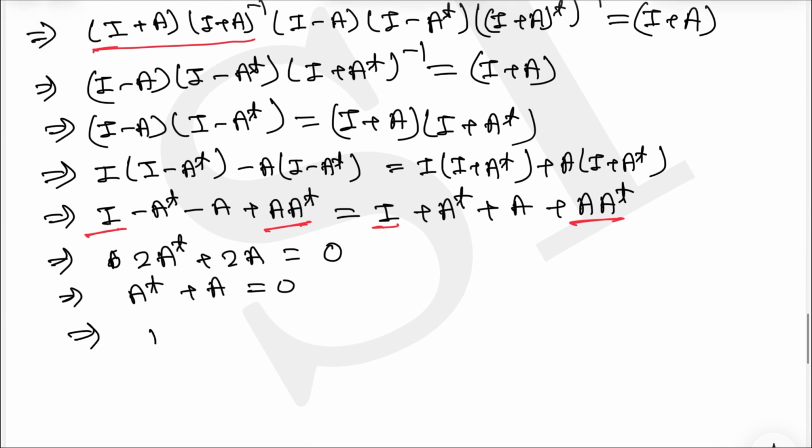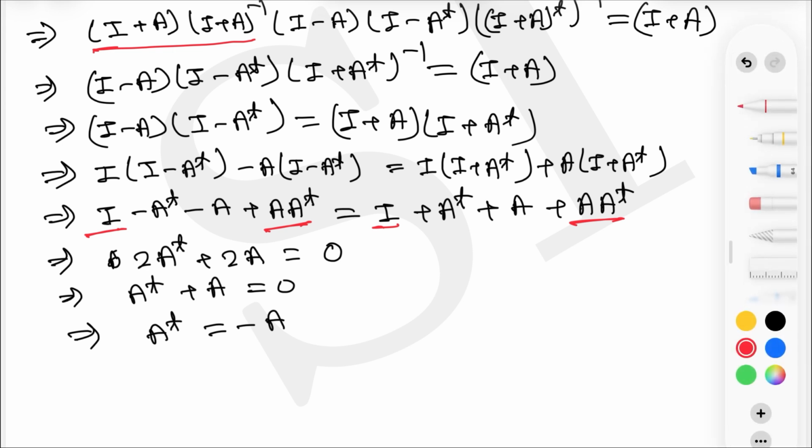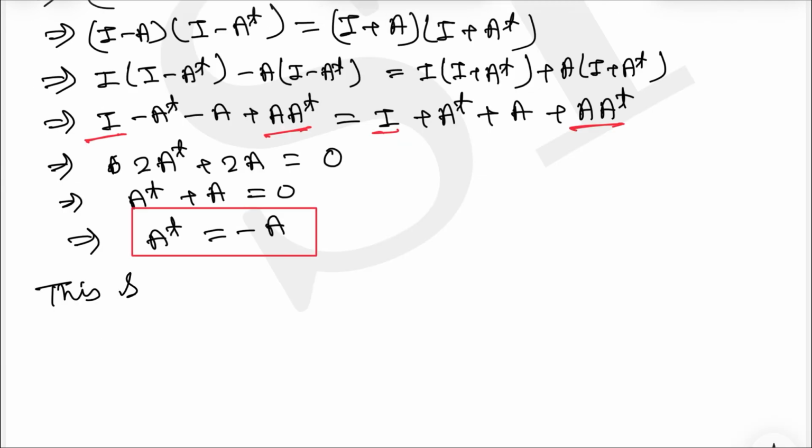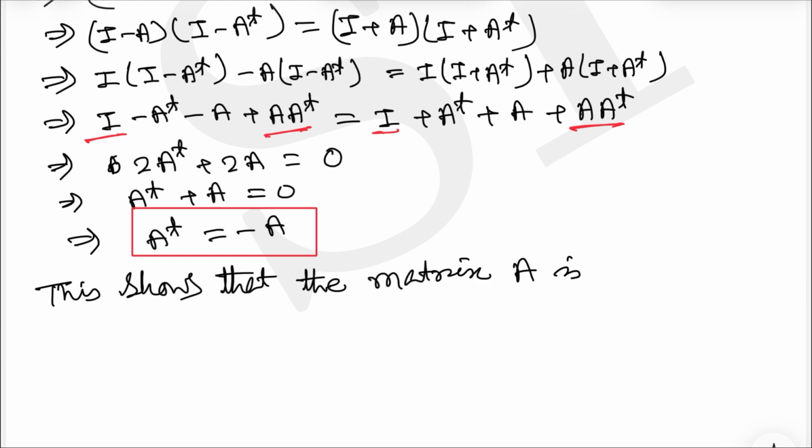So this implies A transpose is equal to minus A. Okay, and this is our required target, because we have to prove that A transpose is equal to minus A to prove a skew symmetric matrix. This shows that the matrix A is skew symmetric.